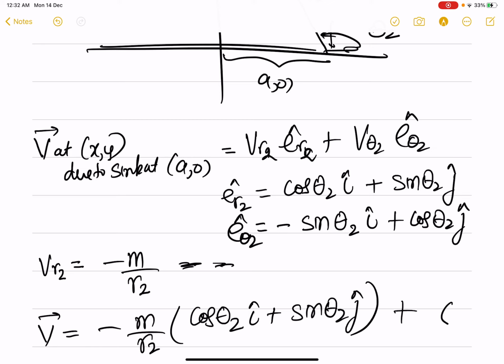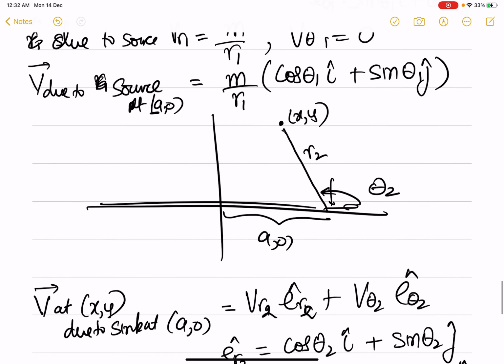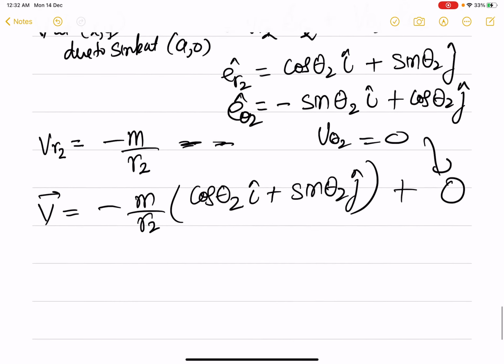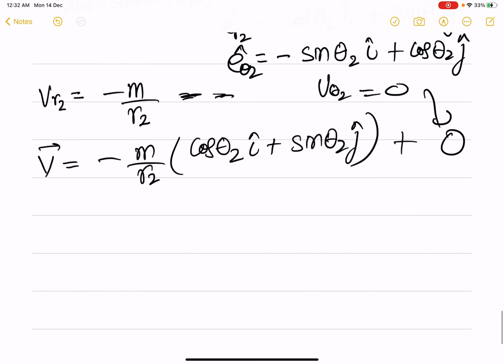And the other component, because V theta 2 is 0, becomes 0. So this is how one can write the expressions, and we can superpose velocities from sources and sinks also.